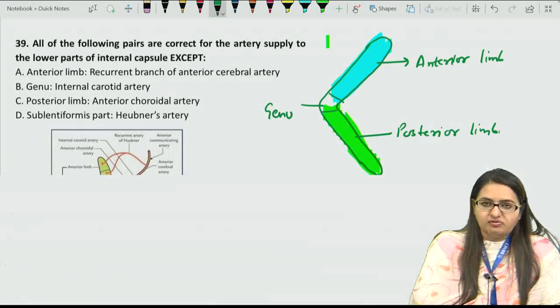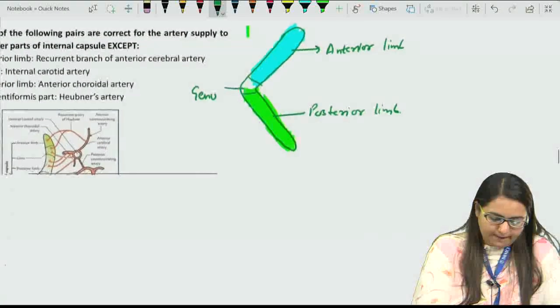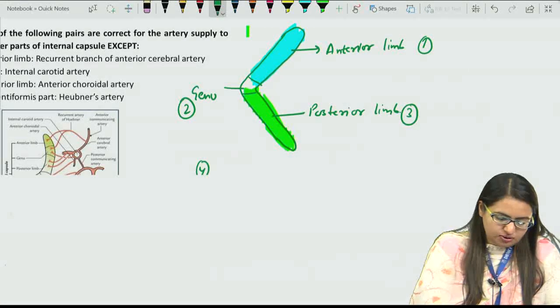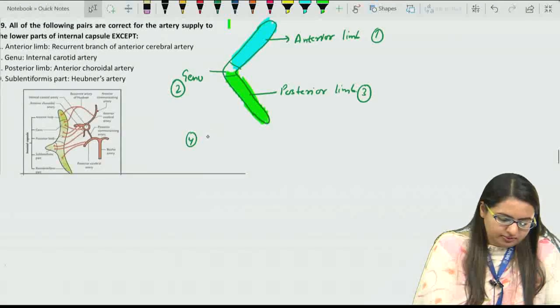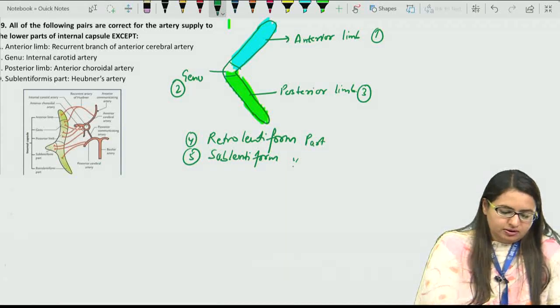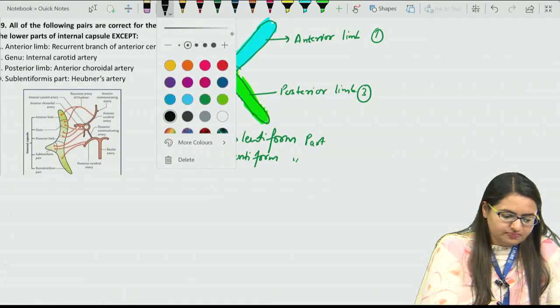Apart from this, we have the sublentiform and the retrolentiform portions. Now the nuclei present just around this: towards the medial and anterior side we have the caudate nucleus.